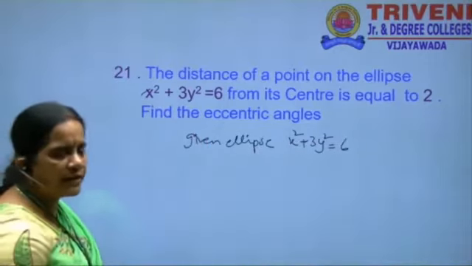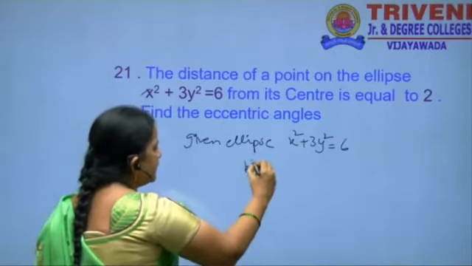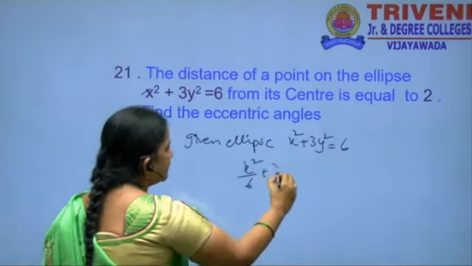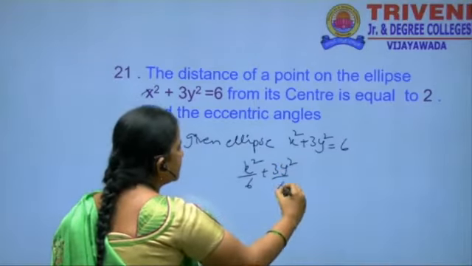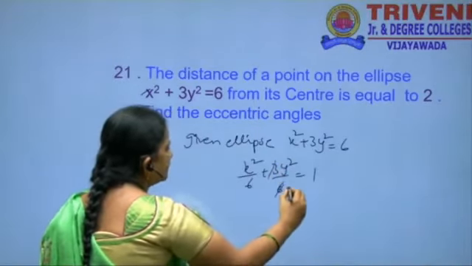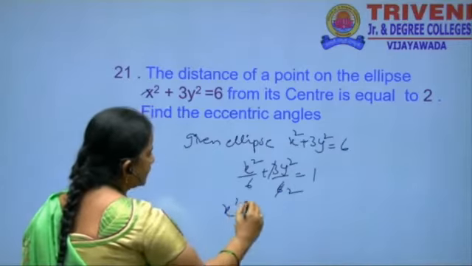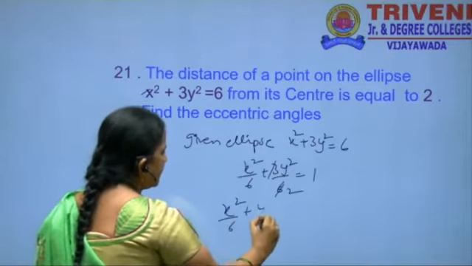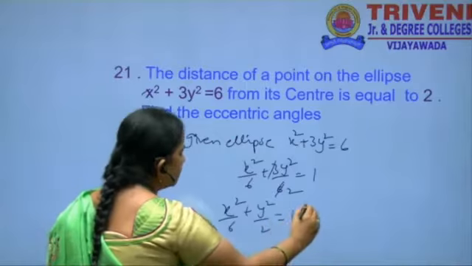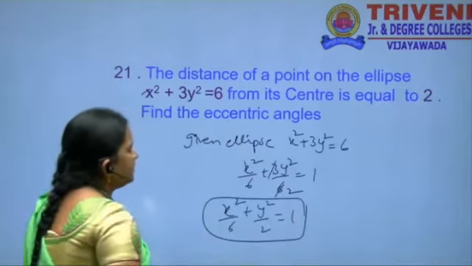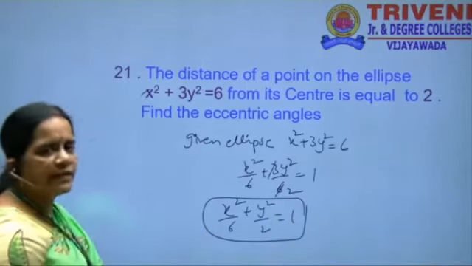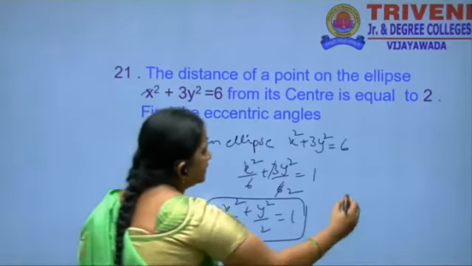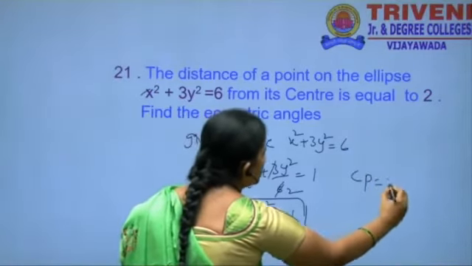We have to convert into the standard form, that is x square by 6 plus 3y square by 6 is equal to 1. The 3 cancels, so it is x square by 6 plus y square by 2 is equal to 1. They give the distance from the center is equal to 2, that is CP is equal to 2.